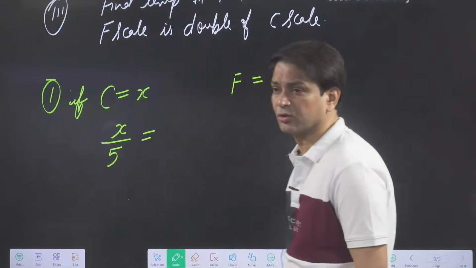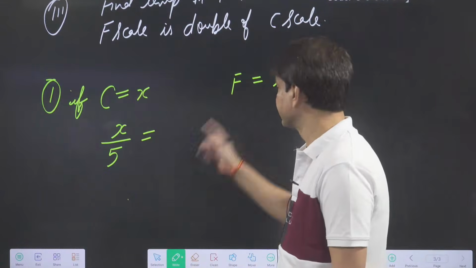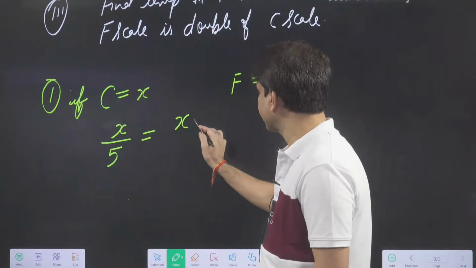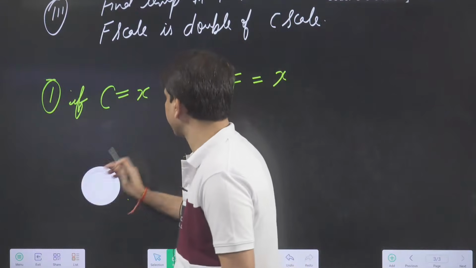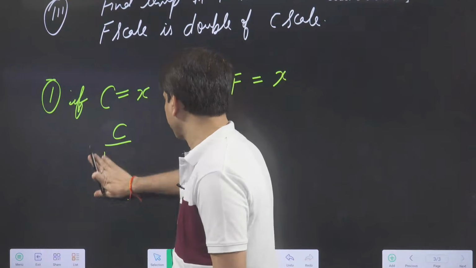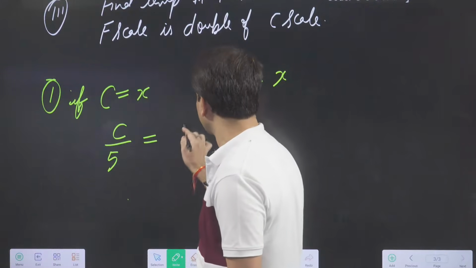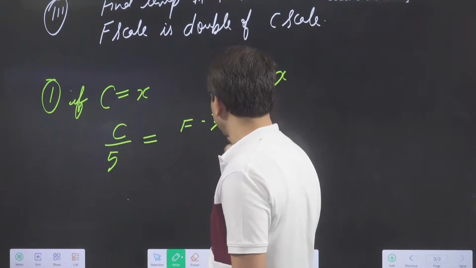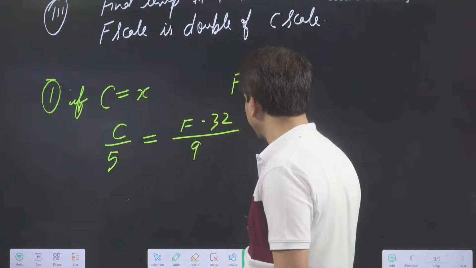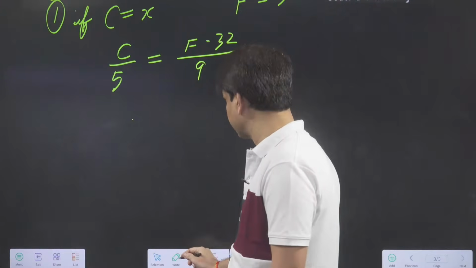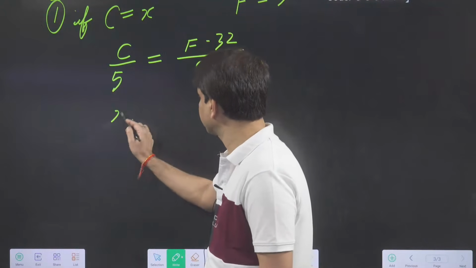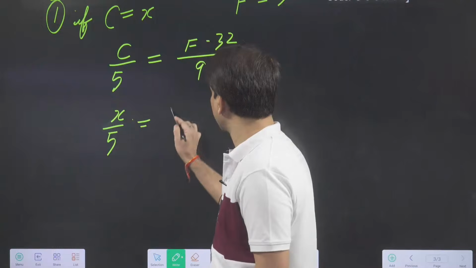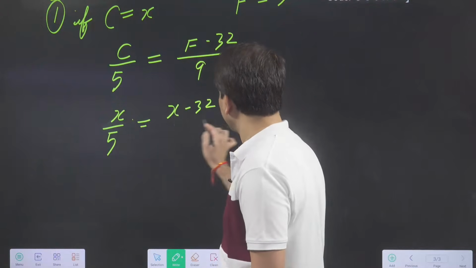First I am writing the relation, C by 5 is equal to F minus 32 by 9. Now C and F both, I need the same reading. So C is equal to X. So X by 5 is equal to X minus 32 by 9.